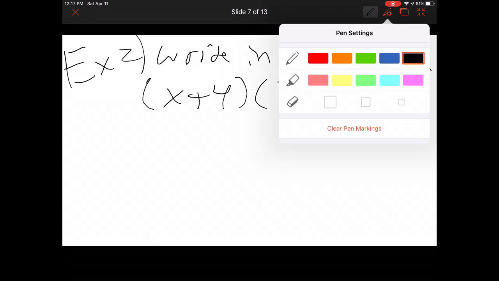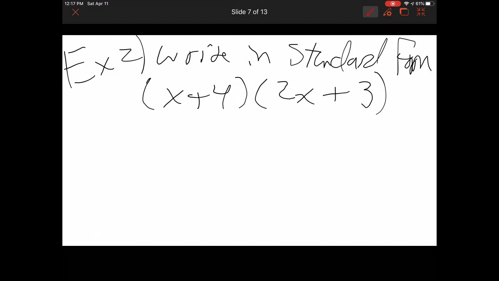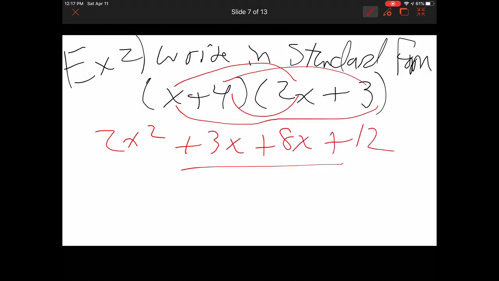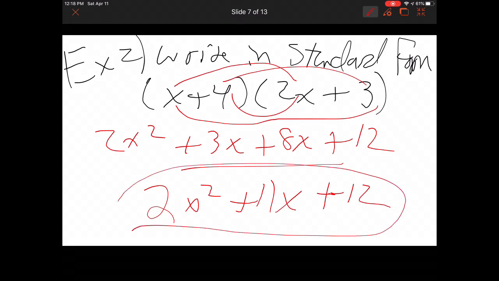So I'll change colors like I usually do in class, and we'll start multiplying. Here is 2x squared. Here is 3x. This here, 4 times 2 is 8, 8x, and then here is 12. Combine these like terms, 2x squared plus 11x plus 12. That's standard form. That's the one we want to get.